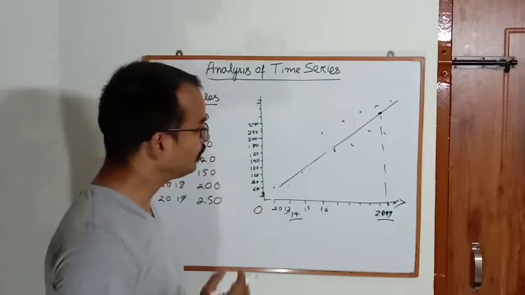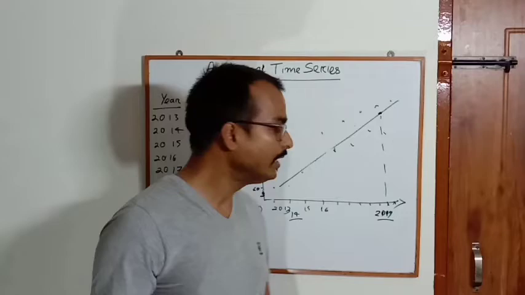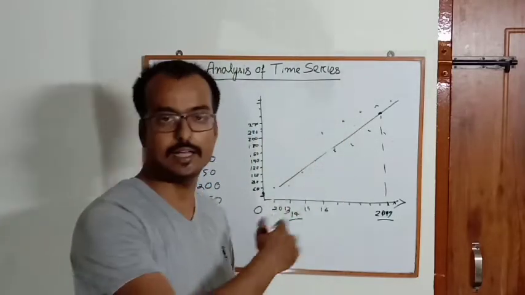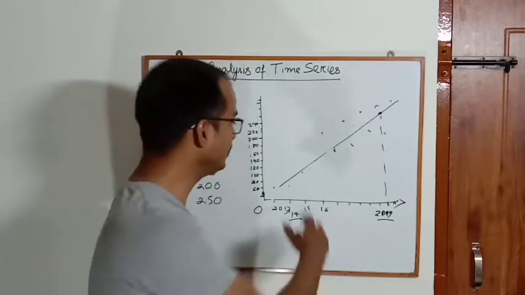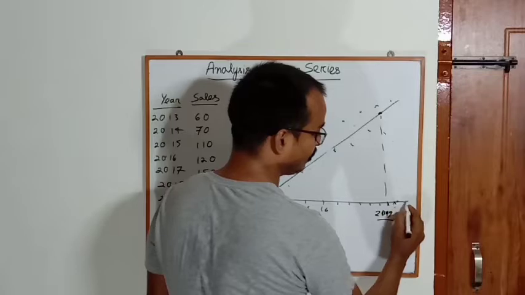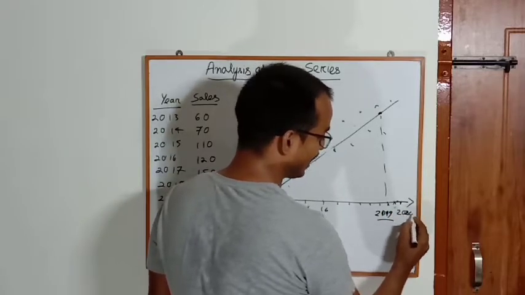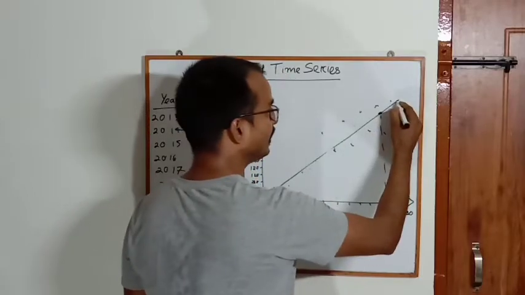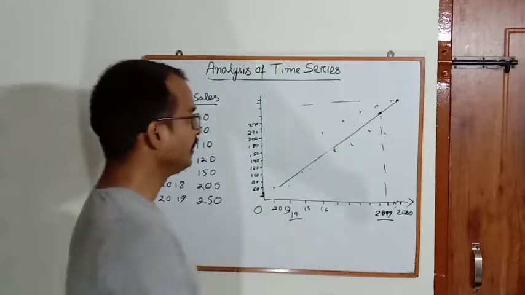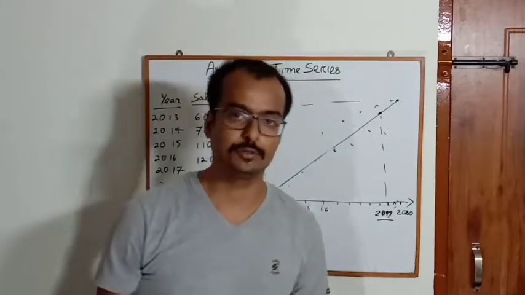So if we want to know what is going to happen in 2020, depending on the track shown by the various years, though 2020 is not over yet, from this line we can predict some value somewhere here. This line will tell you what is going to happen at the end of 2020.